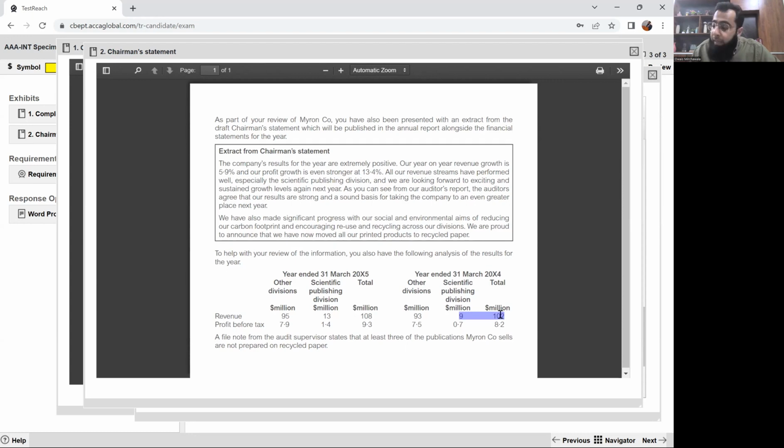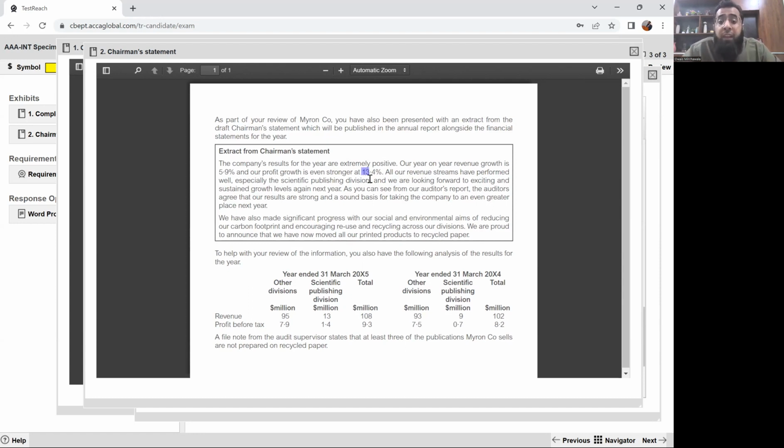So 108 minus 102 is 6 million, divided by 102 million. So it's 5.88% growth, which is right. It's 5.9% growth. And profit growth is even stronger at 13.4%. So 9.3 and 8.2 million. So 9.3 minus 8.2 divided by 8.2. So yes, it is also 13.4%. So the numbers given in the chairman's statement are correct.